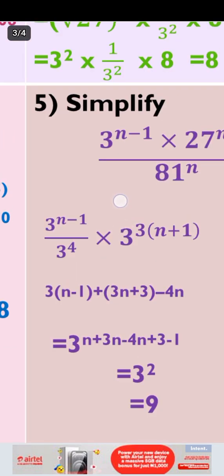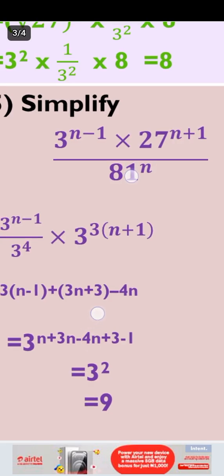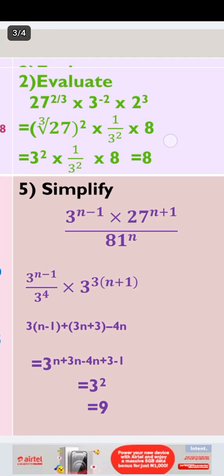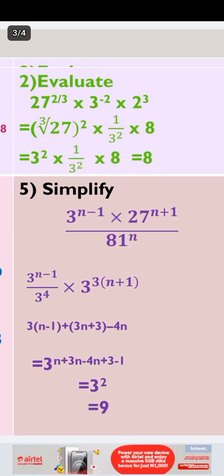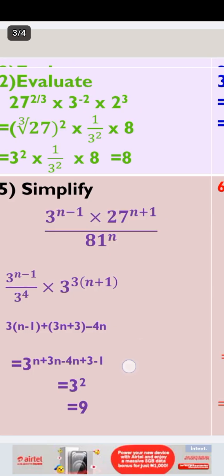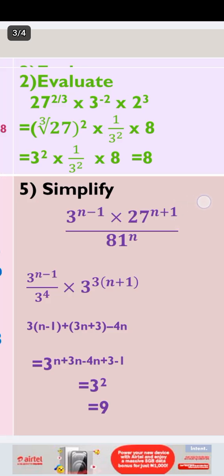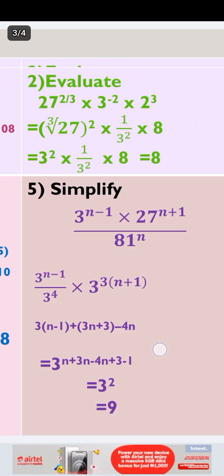Now, we take another example. This is example 5. Example 5, the one in pink color, says simplify 3 raised to the power n minus 1 times 27 raised to the power n plus 1 over 81 raised to the power n. What we first of all do is reduce them to the same base.